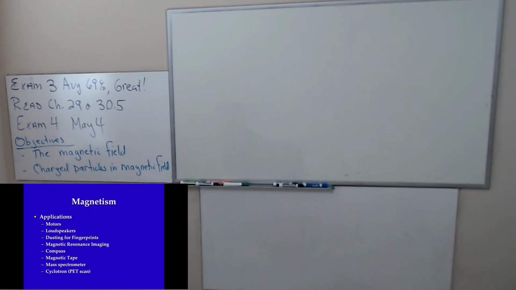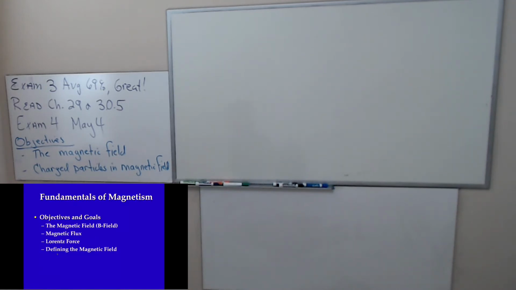So I'm going to use some hand waving as I describe magnetic fields. So let me go back a slide. These are the topics for part of the chapter. We're also going to talk about the force on a wire.